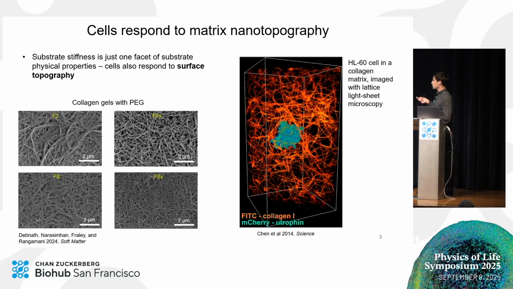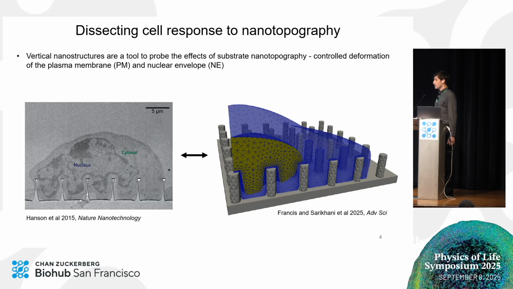And so you can appreciate that the cell is going to respond to a lot of different cues here and would need to be able to adapt to actually migrate through such spaces. So we consider a simplification of this general format where now we have the cell responding to these specific structures on a substrate, which are these vertical nanopillar structures.